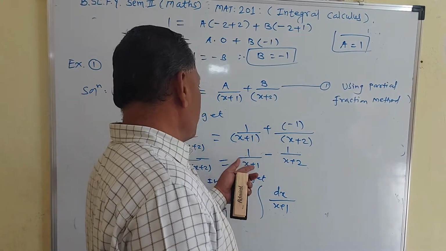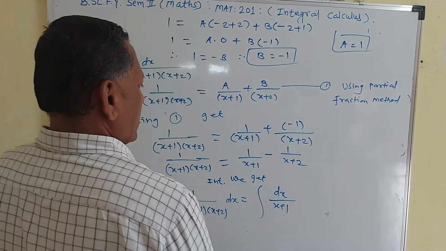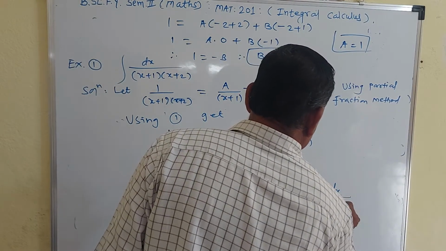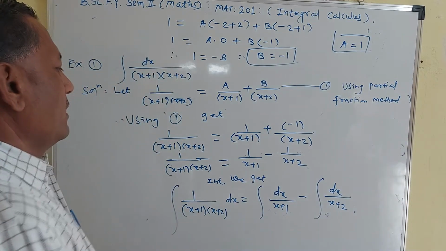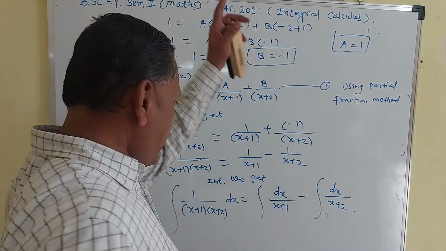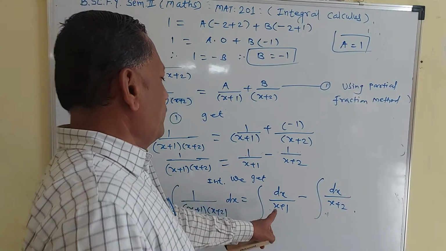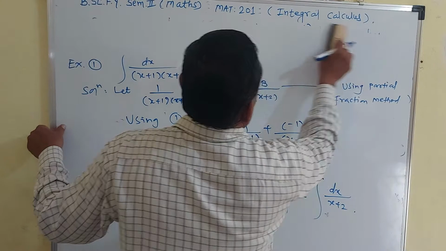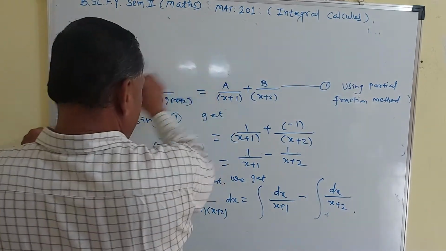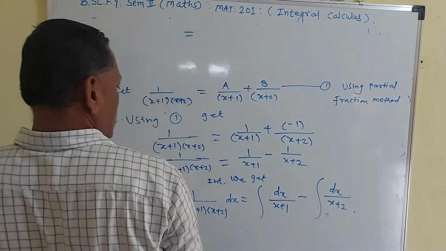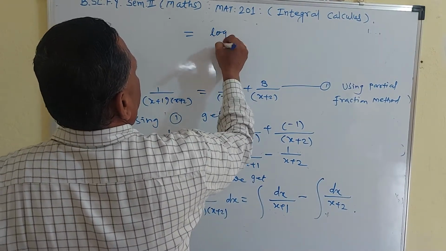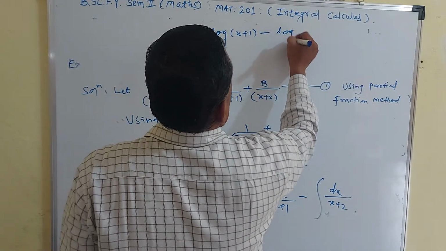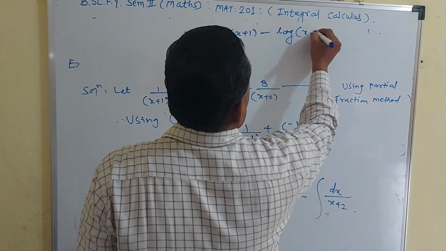Integration of this means integration of first term minus integration of second term, minus integration of dx upon x plus 2. And you know that integration of 1 upon ax plus b, you compare to ax plus b, so its integration is 1 upon a log of ax plus b, means here is equal to log of x plus 1 minus log of x plus 2.